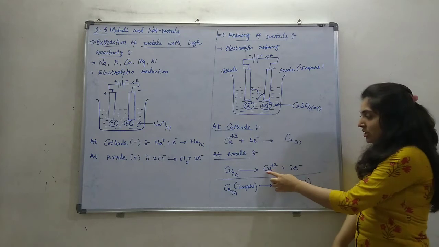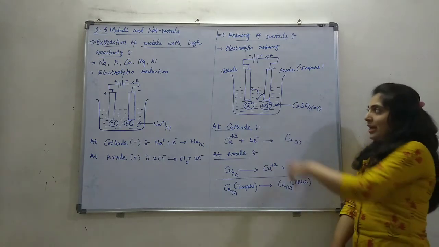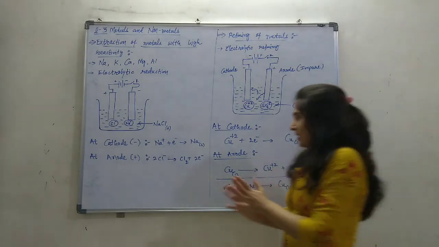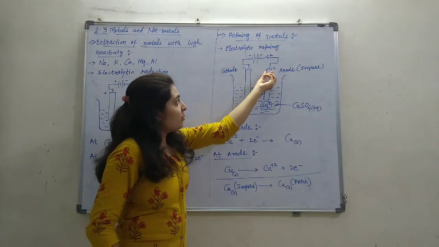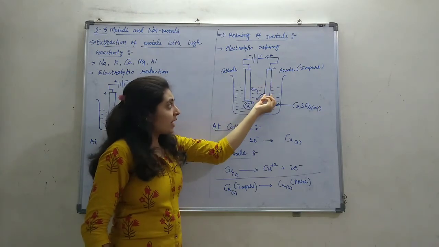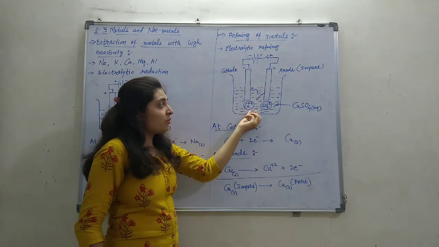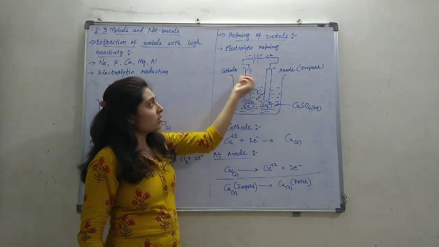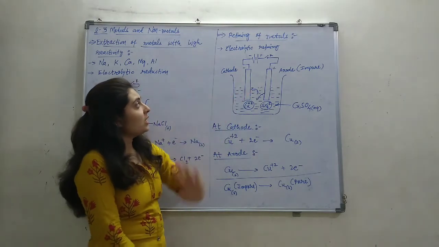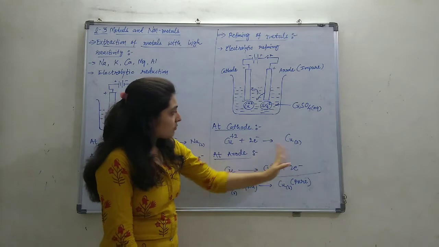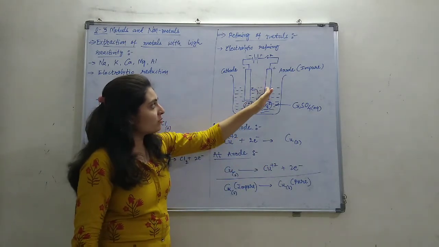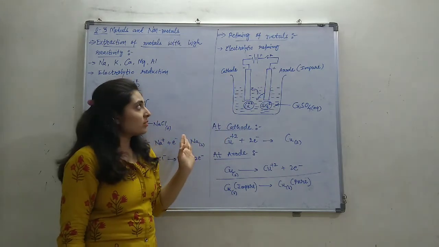By removing the two electrons, copper will become Cu2+, and that Cu2+ will come into the solution. Okay. So basically what happens? The copper atoms from the anode will come into the solution, and from the solution the Cu2+ ions deposit on the cathode as solid copper. So ultimately we can say that the copper goes from the anode to the cathode.